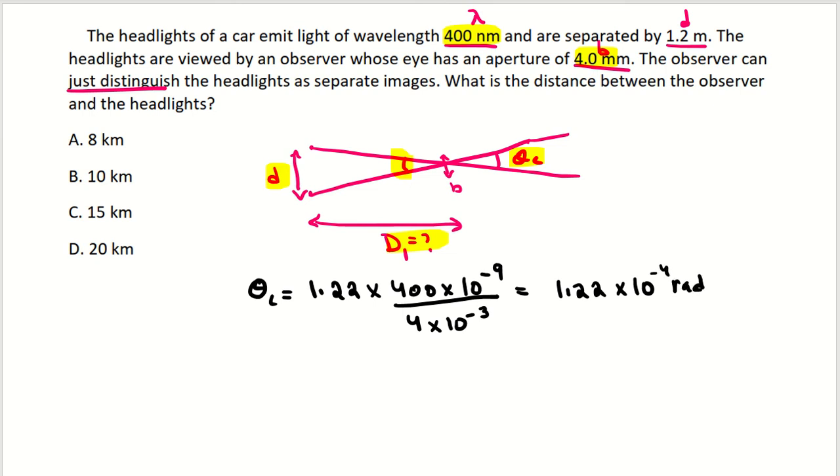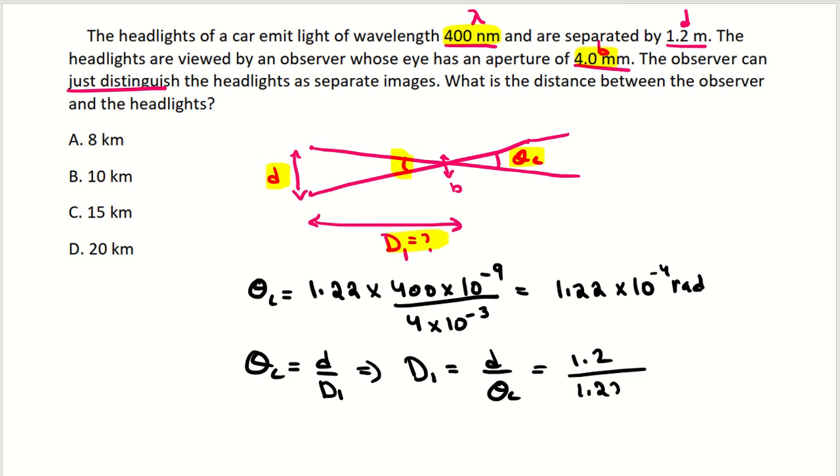So this is the angle, but he's not asking about the angle of separation. He's asking about the distance. So to find D1, theta c is equal to D over D1, which means that D1 is D over theta c, which is equal to 1.2 over 1.22 times 10 to the power of minus 4.